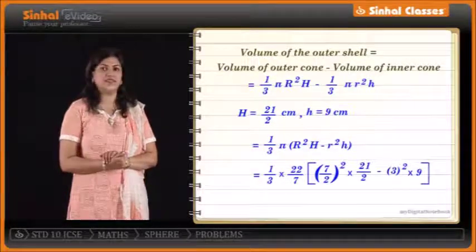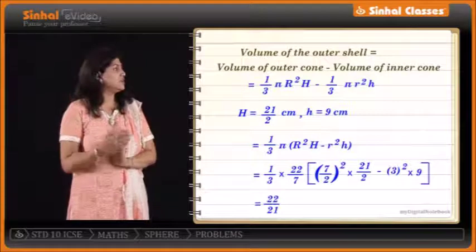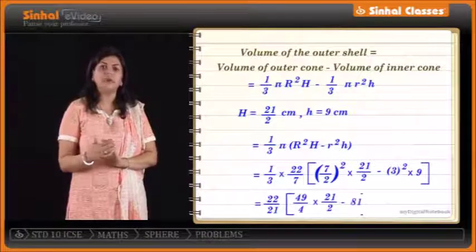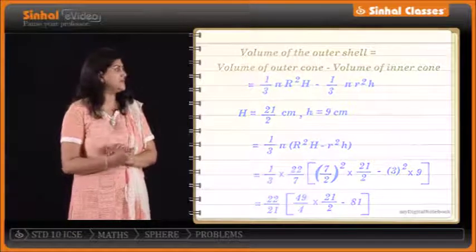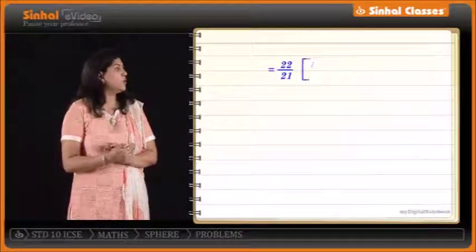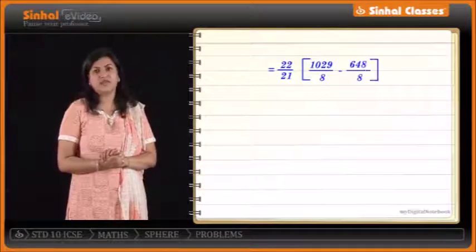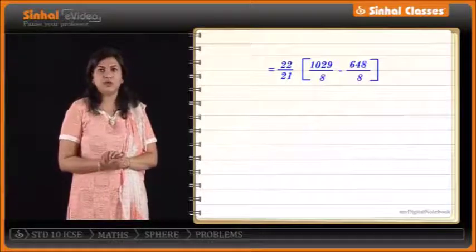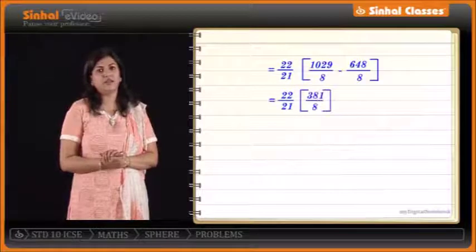Further simplify this as 22 upon 21 in the bracket 49 upon 4 into 21 upon 2 minus 81. Now take the LCM in the bracket, we get 22 upon 21 into 1029 upon 8 minus 648 upon 8, which is equal to 22 upon 21 into 381 upon 8.